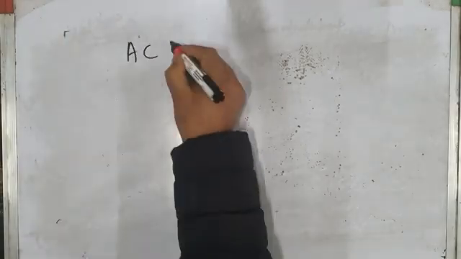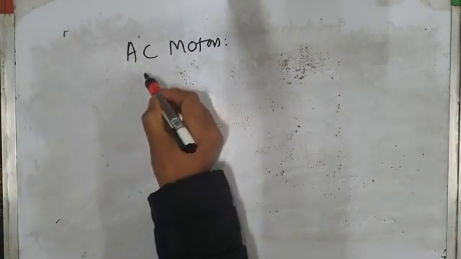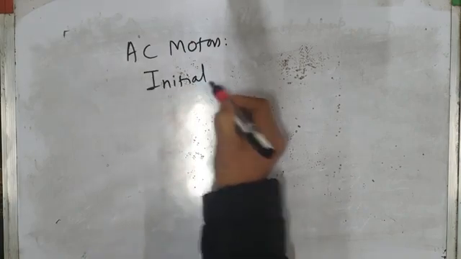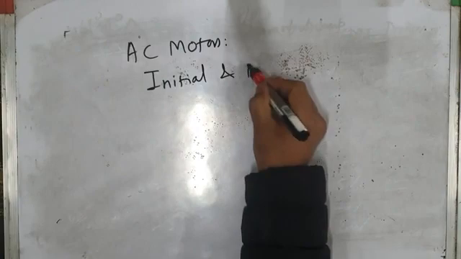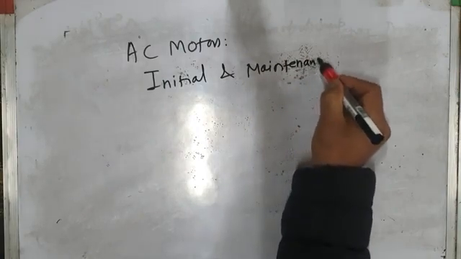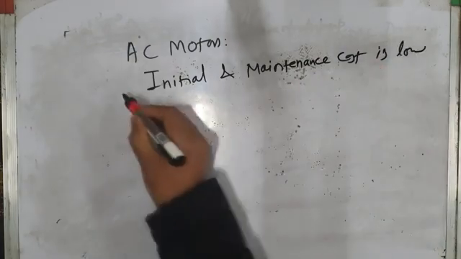For example, AC motors do not use brushes and do not use a commutator, so their initial cost and maintenance cost are low as compared to DC motors. Okay.